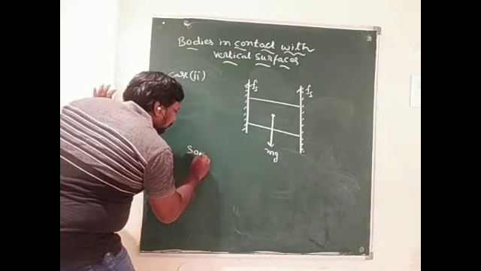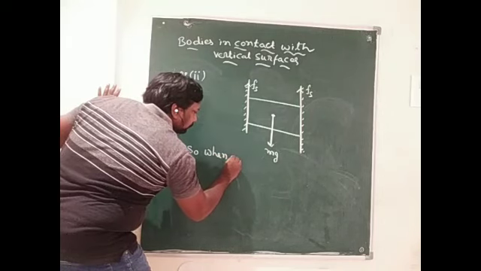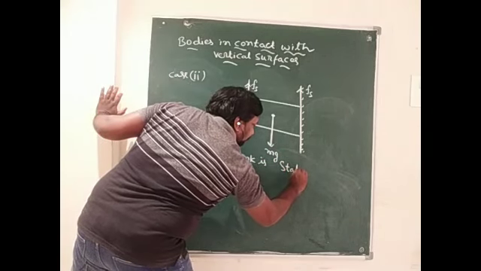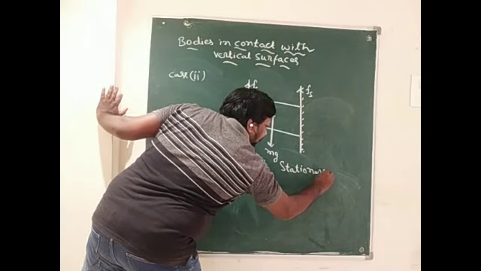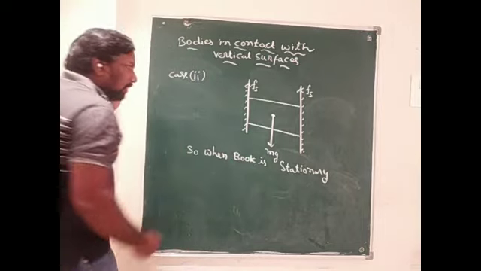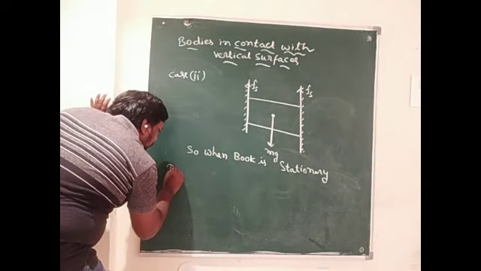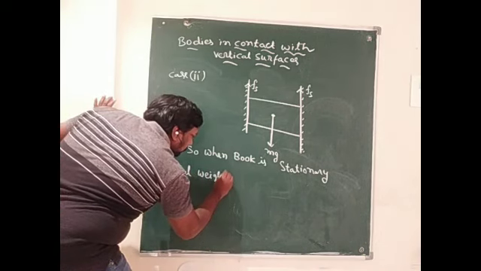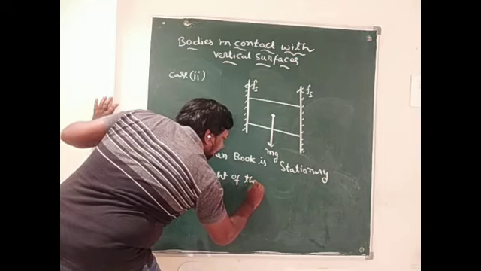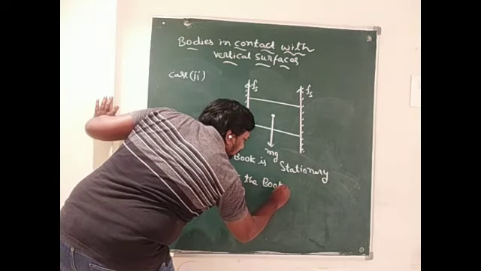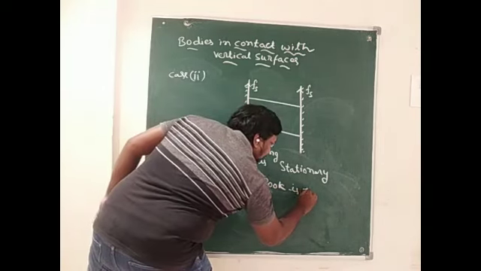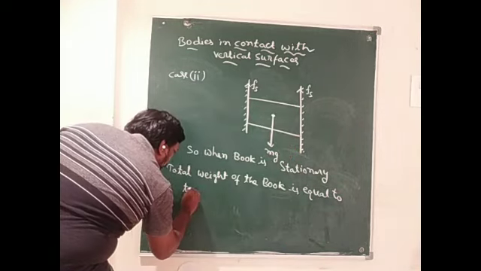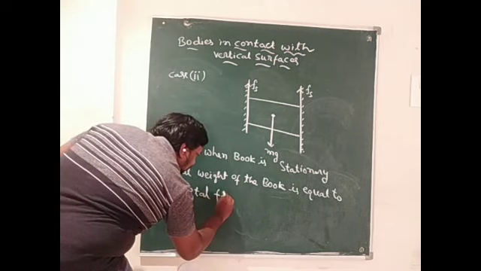So when the book is stationary, total weight of the book is equal to total frictional force.